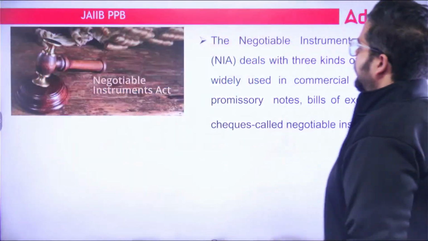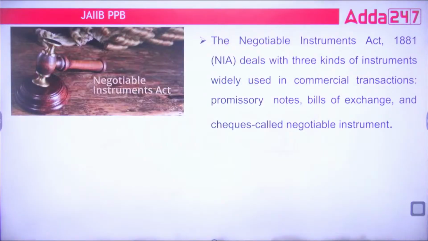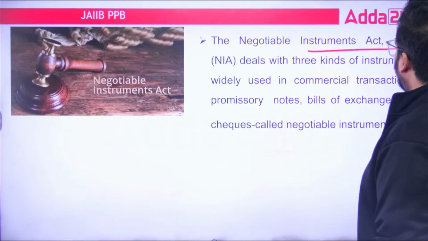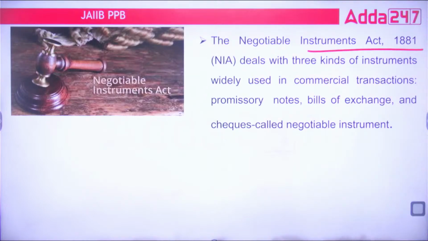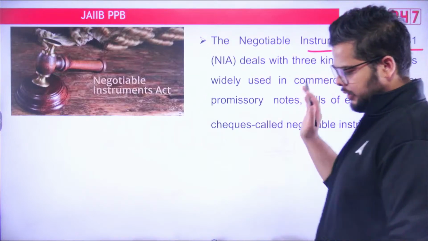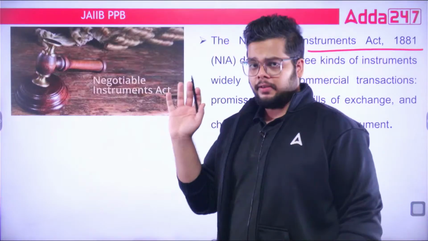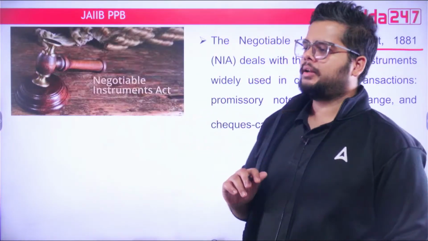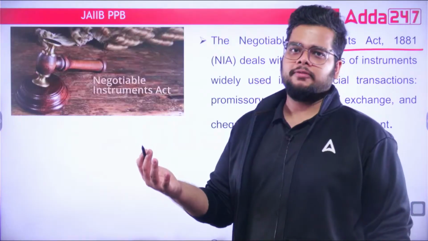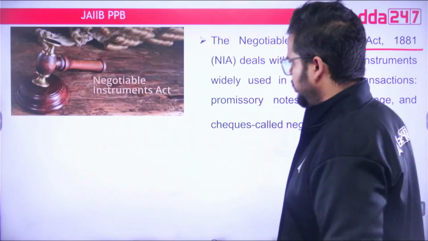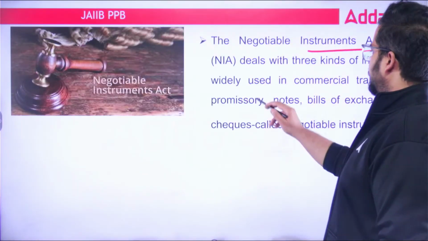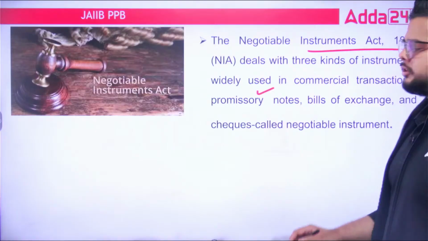First of all, you must know what the NIA deals with. The Negotiable Instruments Act 1881 deals with three kinds of instruments. That is very important to know, along with the further bifurcation that we will be seeing in this lecture. It deals with P notes, that is promissory notes, then bills of exchange.